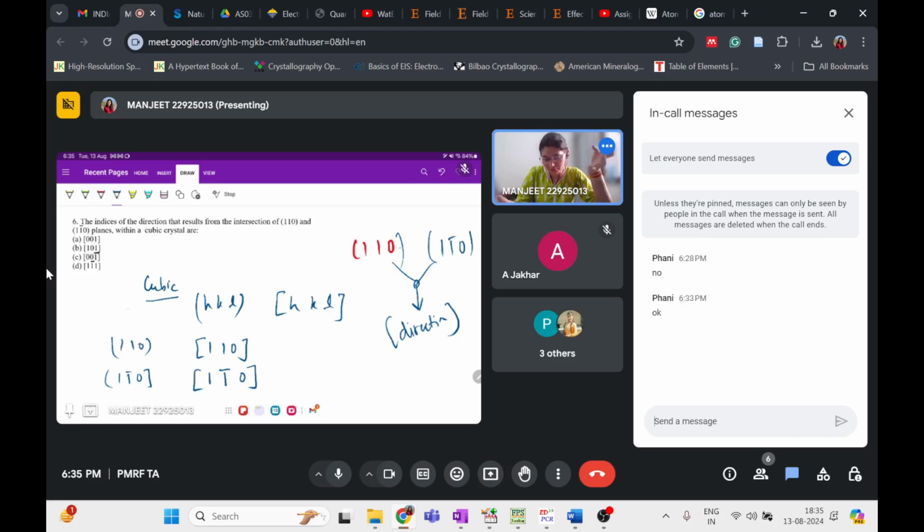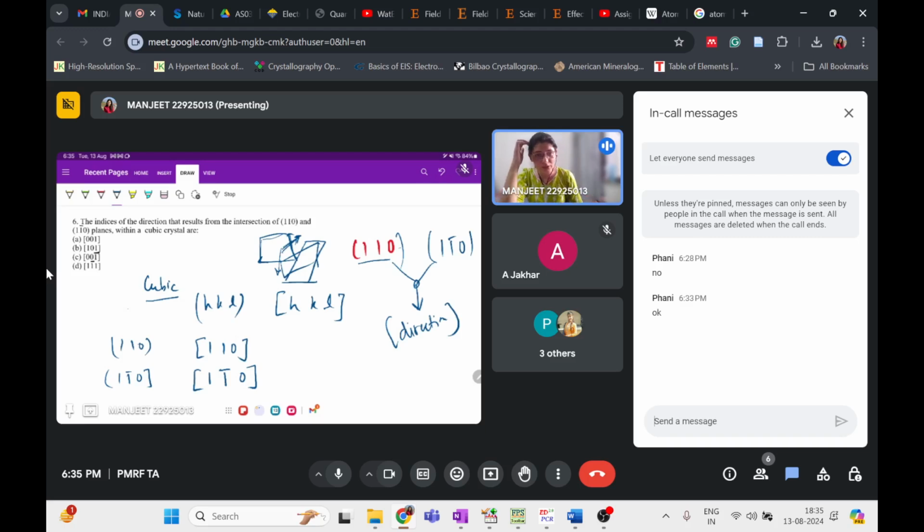In the parallel case we took the dot product, but for the direction of the intersection we calculate something different. This direction is perpendicular to this plane's direction and also perpendicular to the other one.